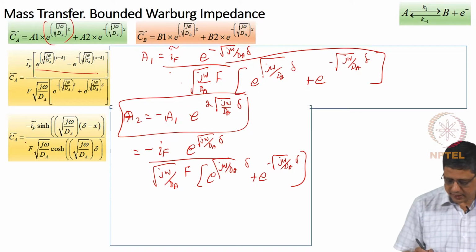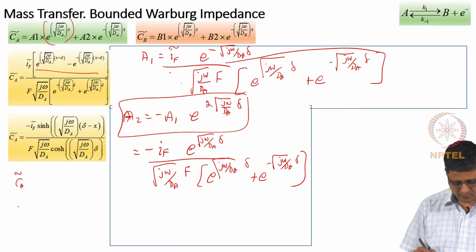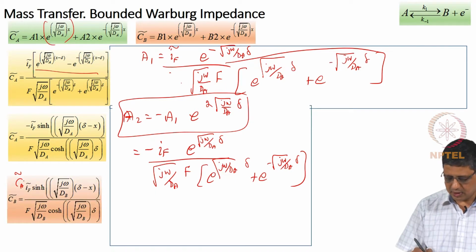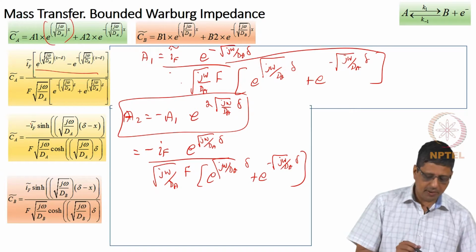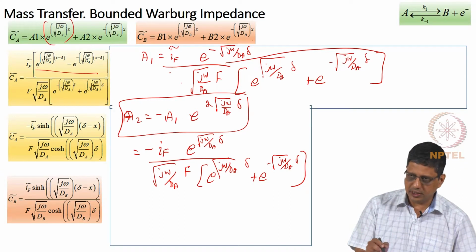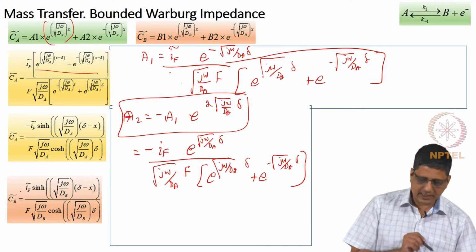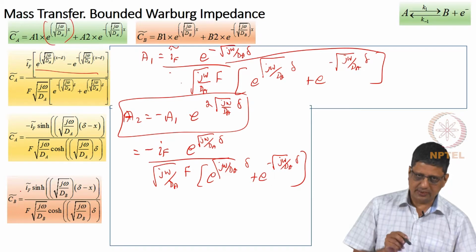And C A tilde. Similarly C B tilde is going to be same as that, except instead of the diffusivity of A, you would have diffusivity of B involved in it. Instead of plus sign, you will have minus sign there, because the second boundary condition is the same.